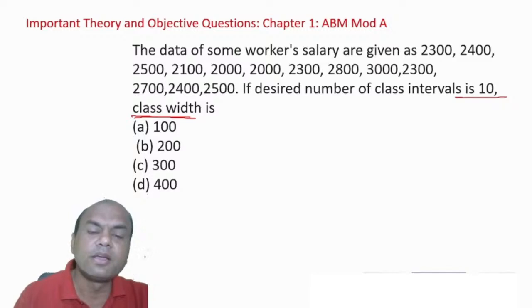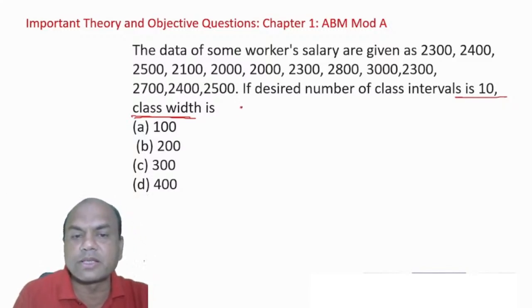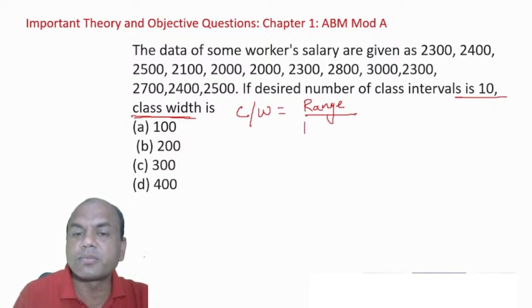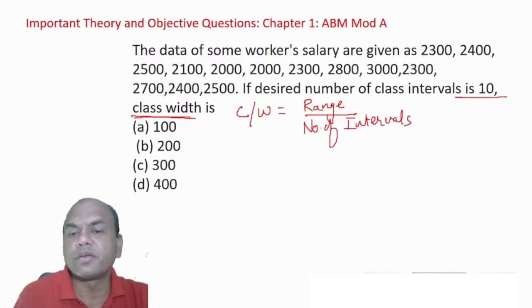The formula for class width: CW, class width, equals range upon number of intervals. The number of intervals you know already, 10. But what is the range?